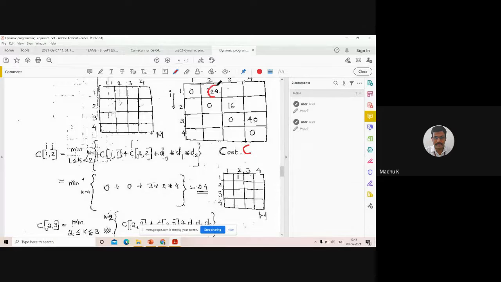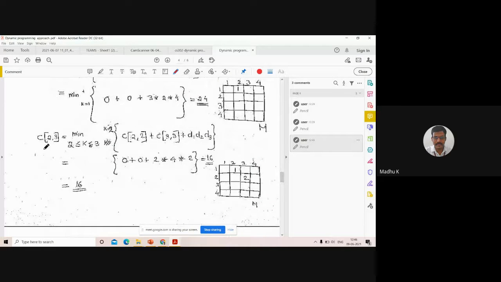After calculating this, we should calculate this one. Else the problem we can solve, but it will take more steps.